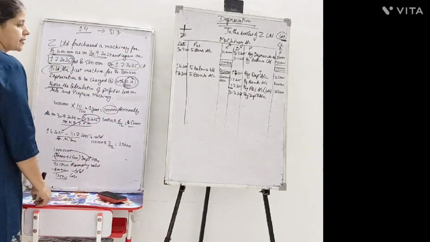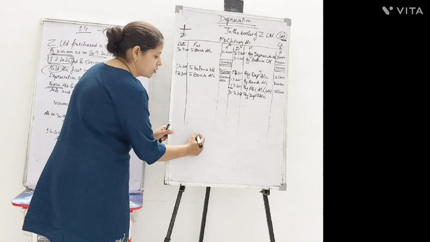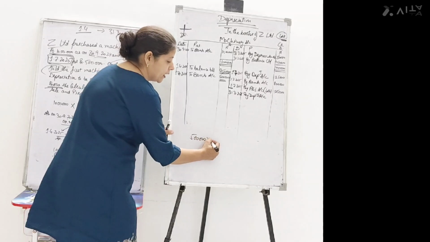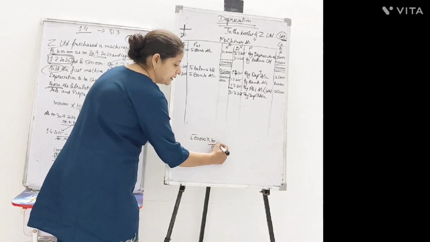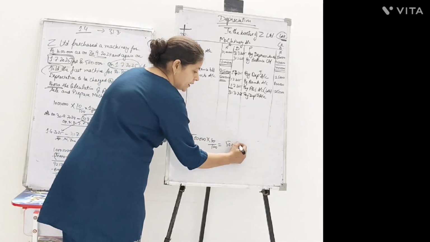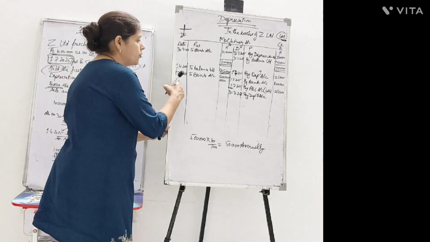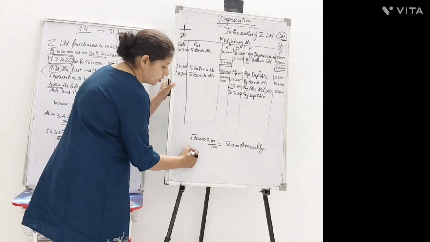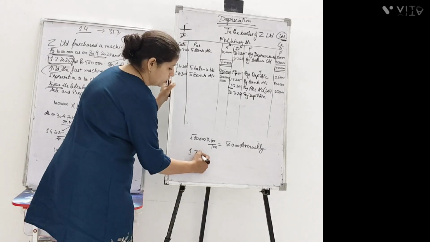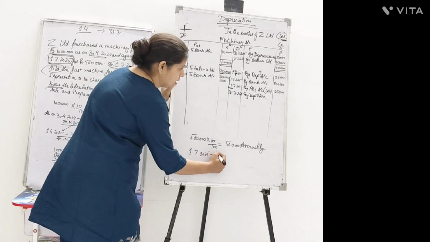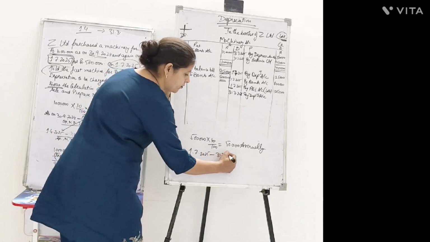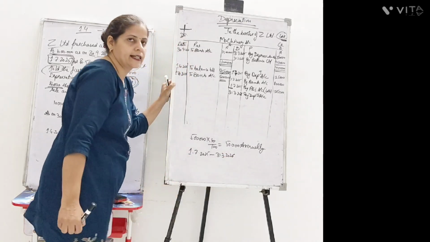The newly purchased asset was of rupees 5 lakh. The rate of depreciation was 10%. 50,000 was the annual depreciation, but we bought it on 1st of July 2025 and used it till 31st of March 2026.